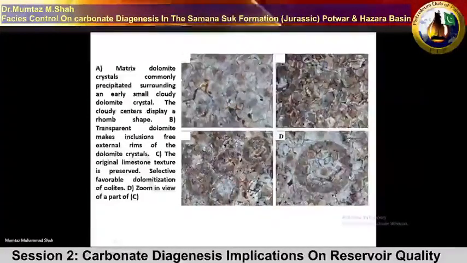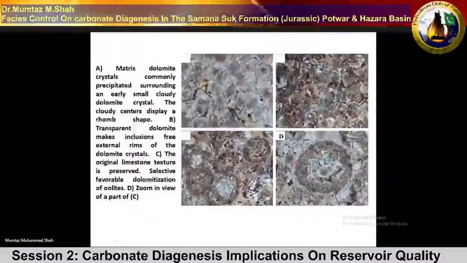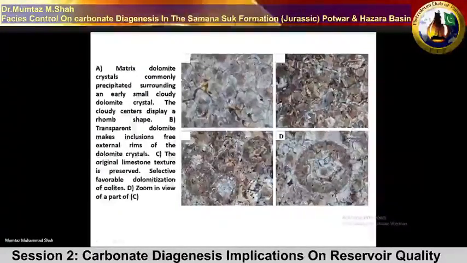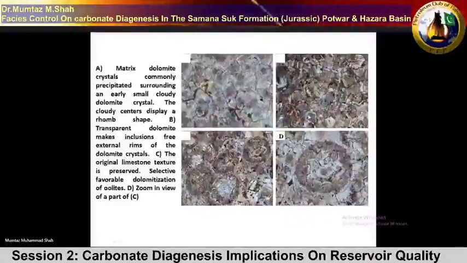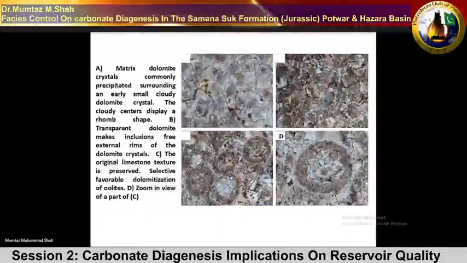And we can see that in figure A and B, we have these dolomite rhombs, the boundaries of which are being obliterated by the process of de-dolomitization, which we will see in the next slides in much more detail.